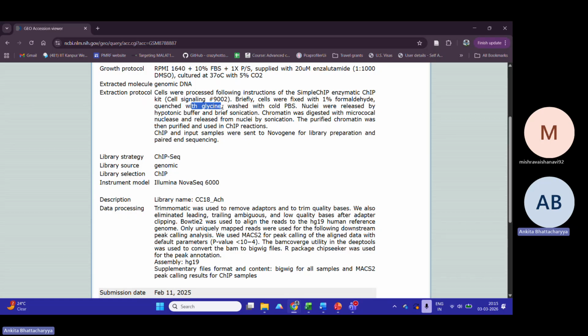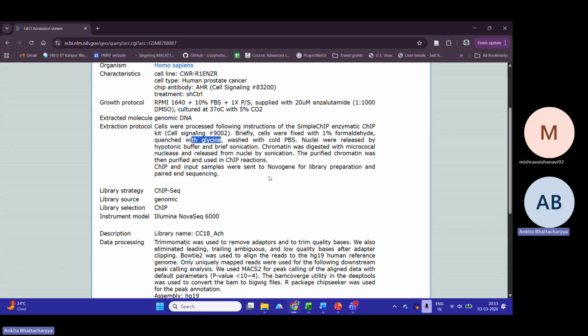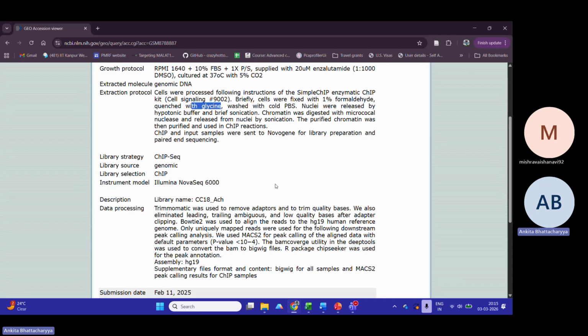Then chromatin is also digested in this case using MNase, and then you release the nuclei by sonication. Purified chromatin can then be utilized. And here you can see this was shipped to a company called Novogene, and sequencing was performed.